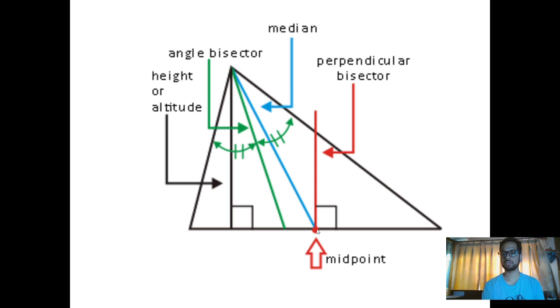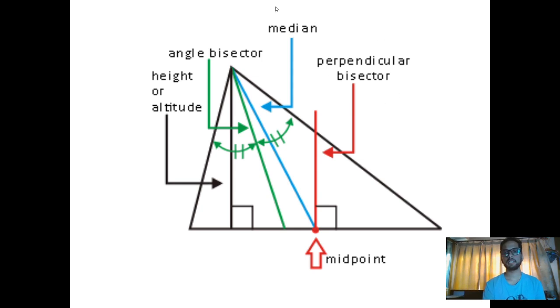It is going from the midpoint and it is perpendicular to the base. This blue line is also going from the midpoint, but it is not perpendicular. Hence, the perpendicular bisector is the one which moves from the midpoint and is perpendicular to the base. Hence, we are done with the perpendicular bisector.